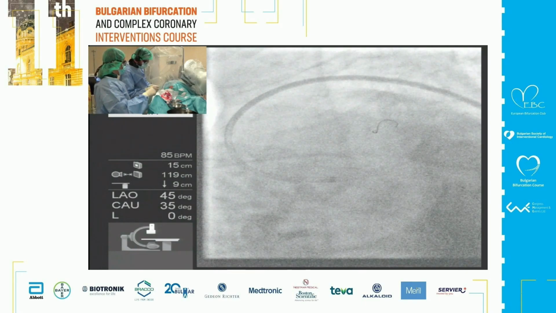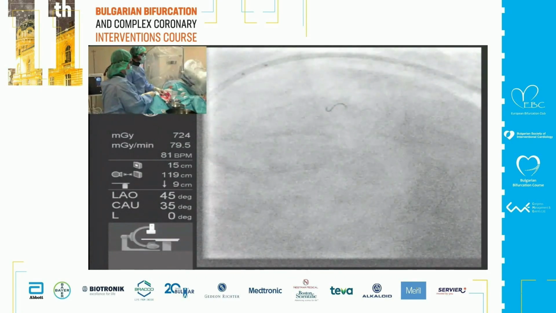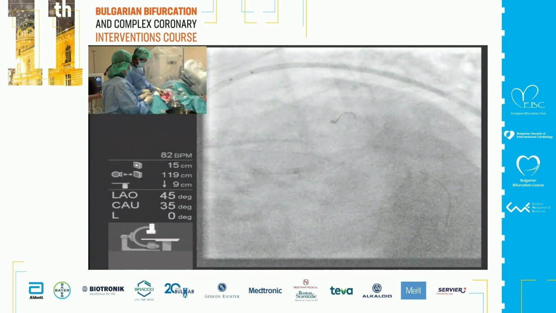How to test that the POT inflation was enough, or let's say effective? How in practical ways to assess that your POT was really effective? This balloon, 4.5, semi-compliant, if you have 10-11 atmospheres, you are 4.5.